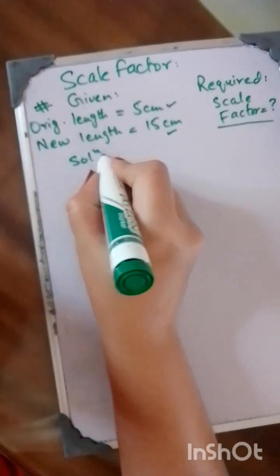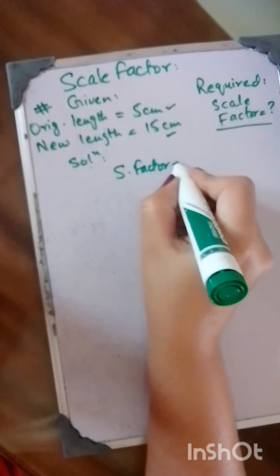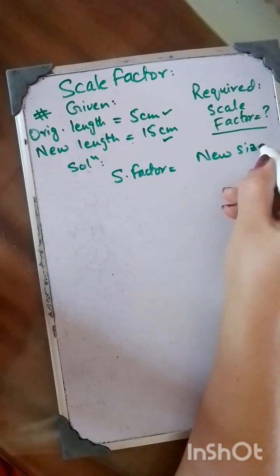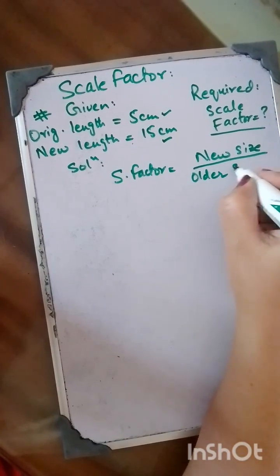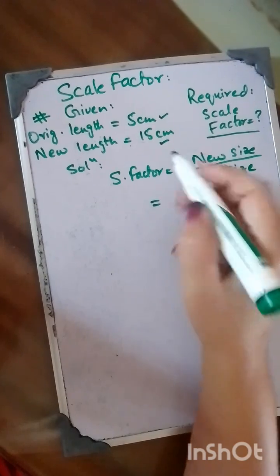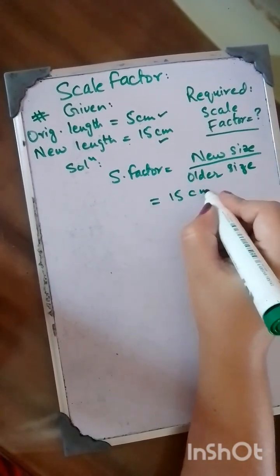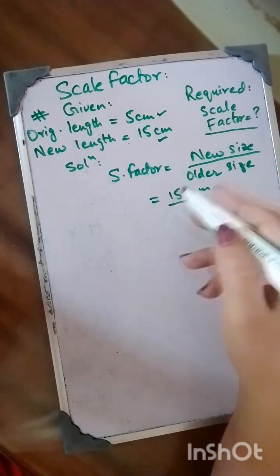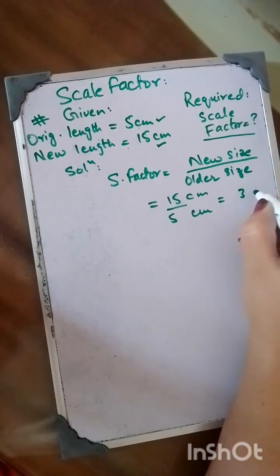So here's an example with the lengths given to us. The original one is 5 centimeters, the new one is 15 centimeters. We have to find out the scale factor. Putting up the specific formula, new upon the older, the new one is 15, so 15 centimeters upon 5 centimeters, and it's so simple to simplify and get the answer.